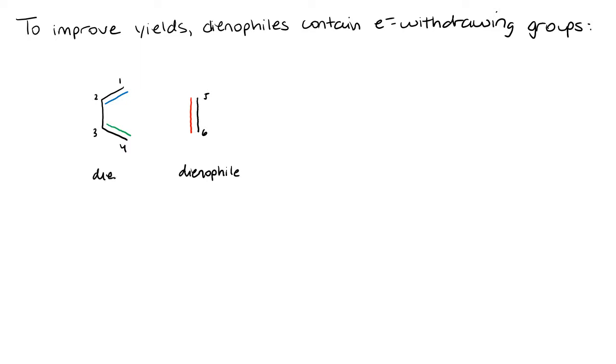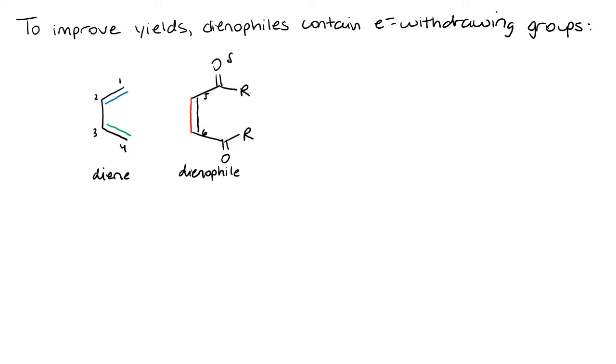This is our diene. And an example of an electron withdrawing group could be a carbonyl, something that's oxygen containing and capable of resonance with the pi electrons. We'll go ahead and put the carbonyl on both ends of the dienophile. Now what these electron withdrawing groups are doing is they're withdrawing the electrons towards the oxygen atoms.